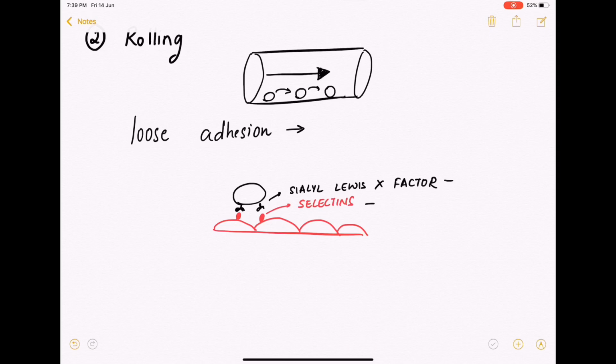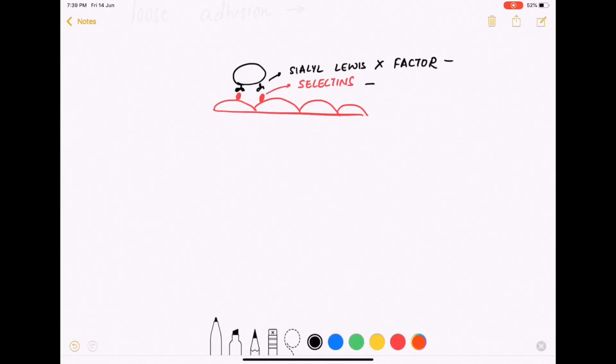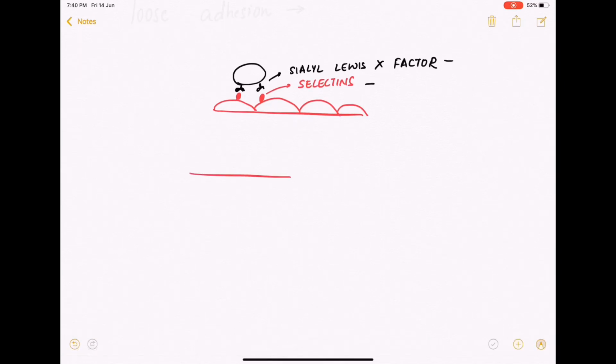What's important for us to know here, with respect to understanding and also for MCQs, is where these selectins are present when they're not needed. When they're not needed, they are present inside the endothelial cell, in some bodies called Weibel-Palade bodies.